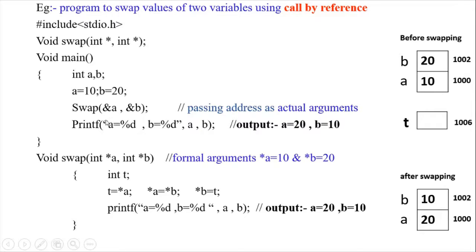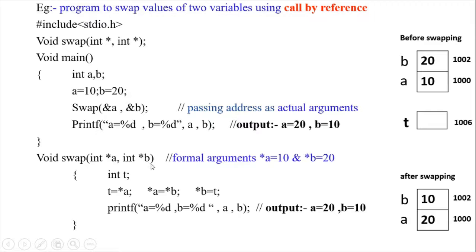So try to understand. Here we are passing the addresses of the variables. So ampersand a will be copied into this a. That is, ampersand is the address operator, so the address will be copied into this a. Star a means the data or the content of that address, the data of that location. Here ampersand b means address of b, that will be copied into this b.